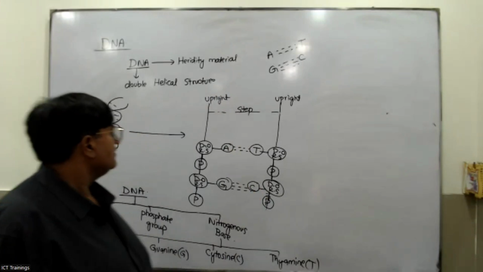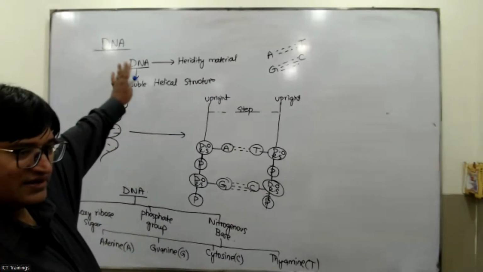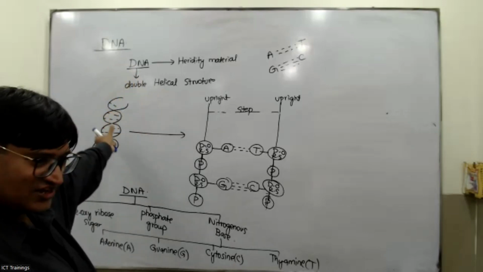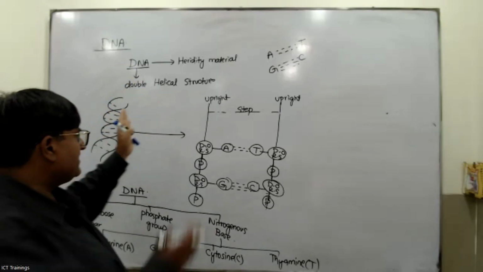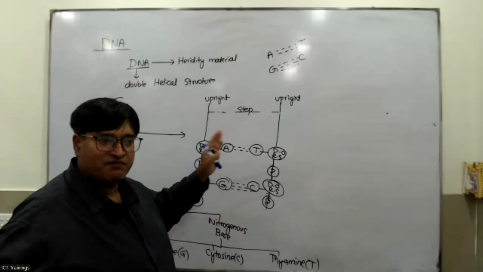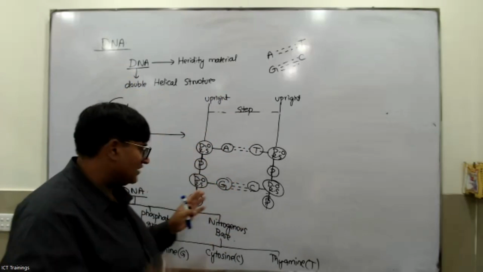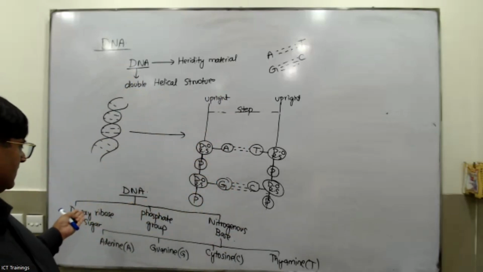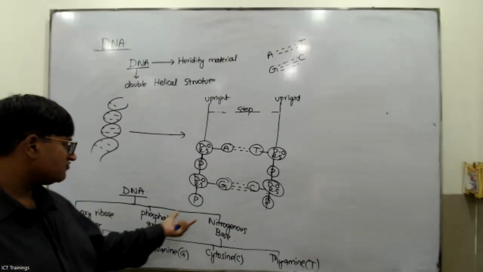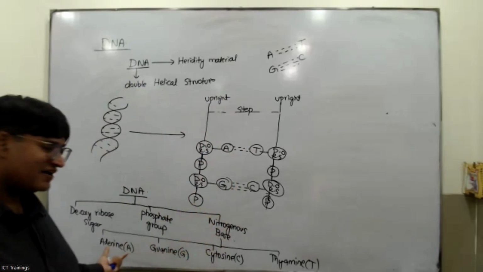Yes, sir. So again, listen, DNA is a double helical structure. It's like a stair. If I take some part of that stair, this stair is made up of bricks. There are four types of brick. The brick is made up of deoxyribose sugar, phosphate group, and nitrogenous bases. They are four.